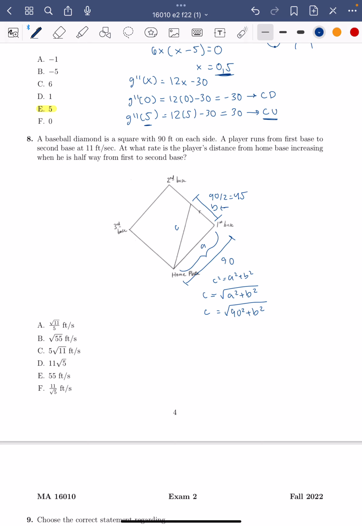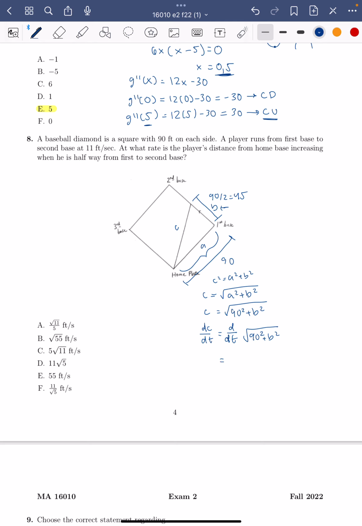Now, we want to find the rate at which the distance from home base changes, so that would mean we need to find the derivative of C. The derivative of C is dc over dt, and then we need the derivative of the square root of 90 squared plus B squared. We know that B has to be with respect to t, so again, we're going to use implicit differentiation to put a rate of B in there.